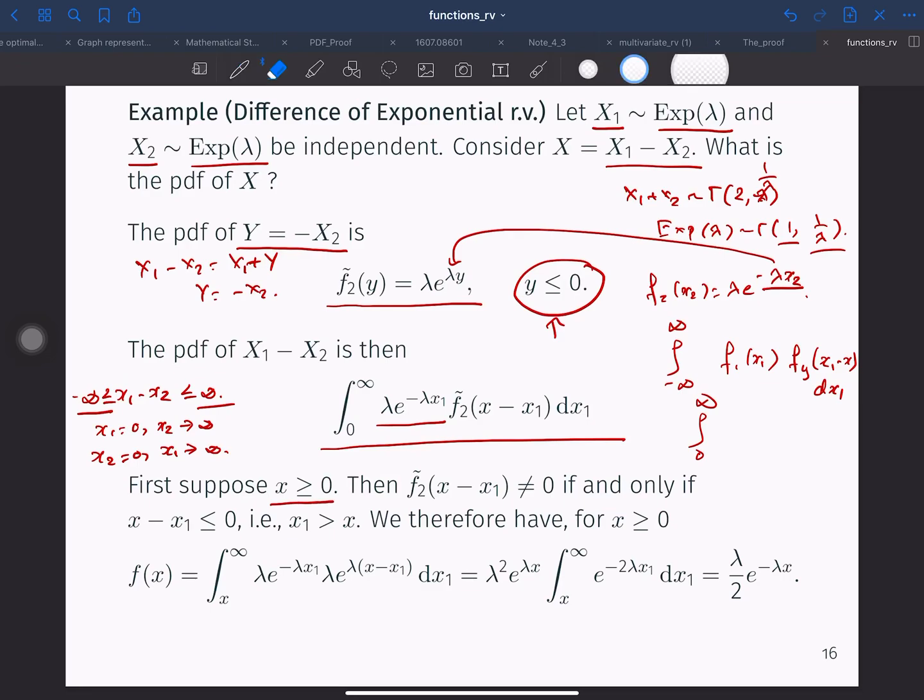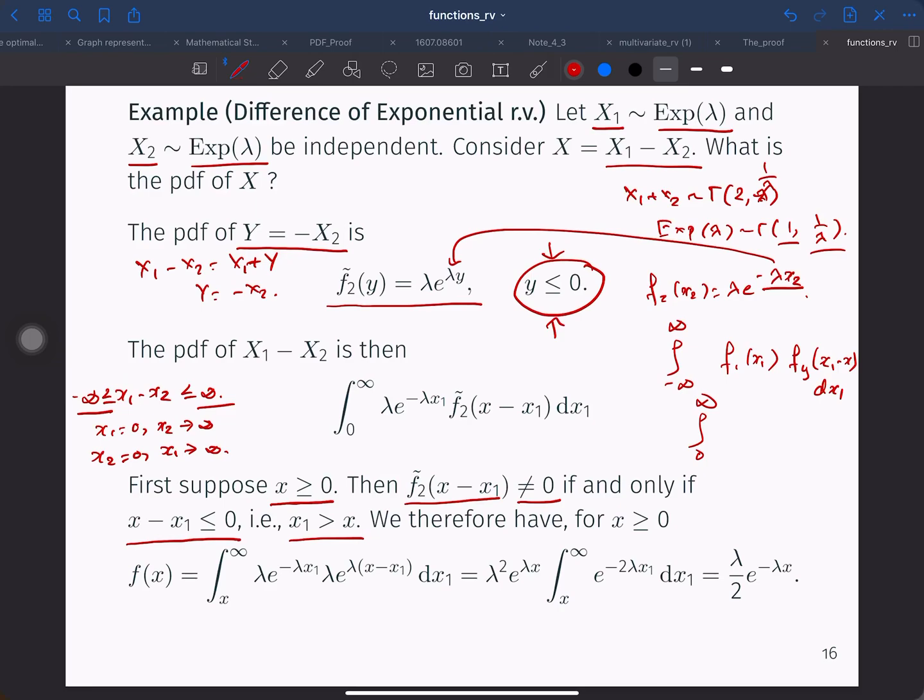So we have to consider two cases. The first case is x bigger than 0. Then this PDF for y, which is x minus x1, is non-zero if and only if x minus x1 is less than or equal to 0, which requires x1 to be bigger than x.